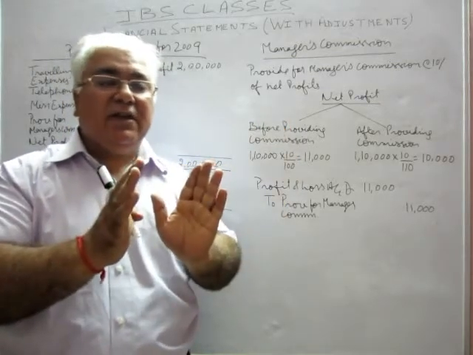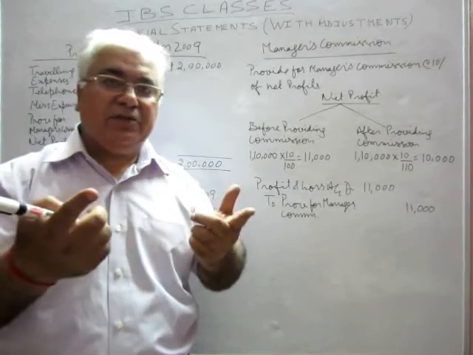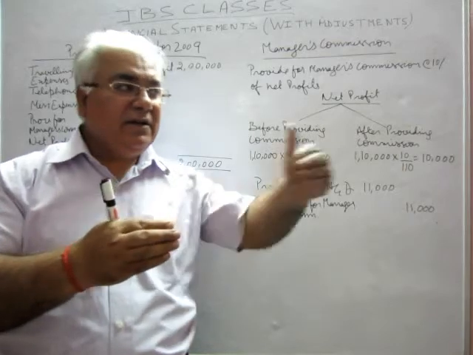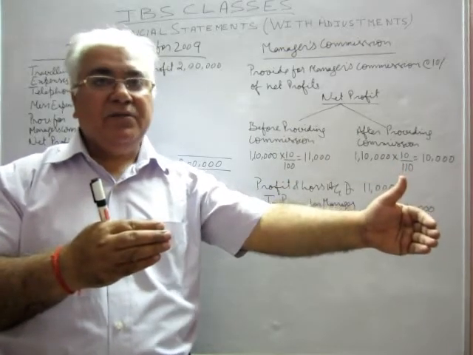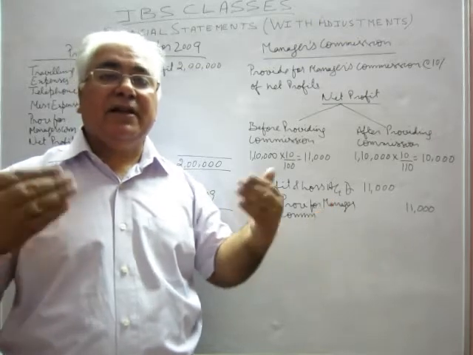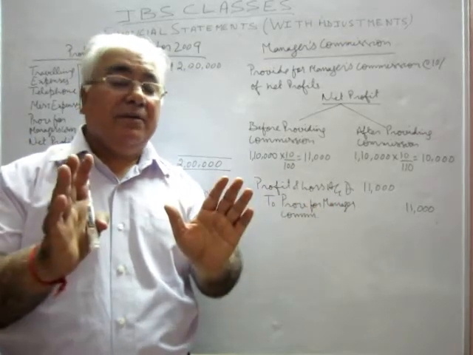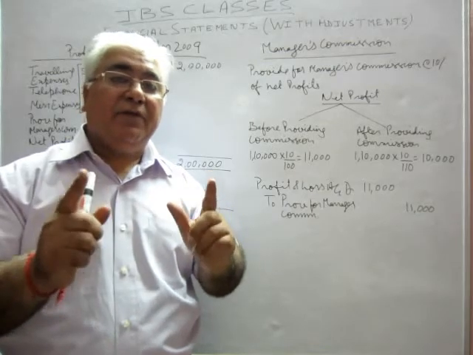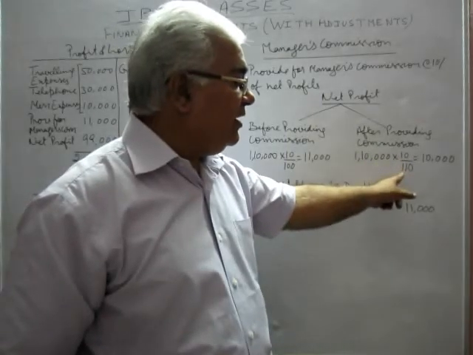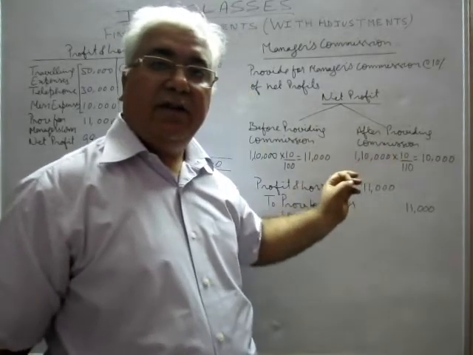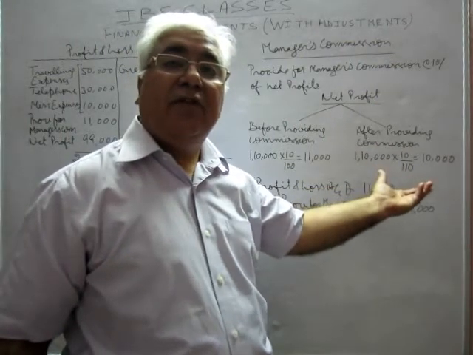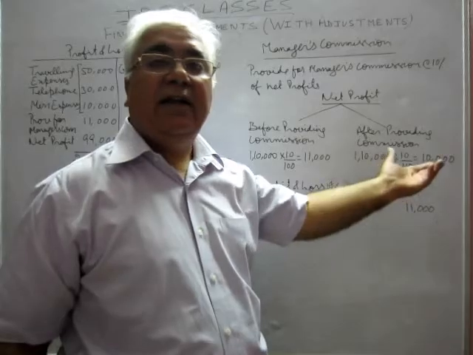So that means whatever the net profit before providing for manager's commission should be divided into two parts. 10 parts for manager and 100 parts for net profit. So that means for calculating manager's commission, we must multiply the profit before providing for manager's commission with 10 upon 110. 10 is the rate of commission, and 110 means that we have to divide this into two parts, 10 and 100.